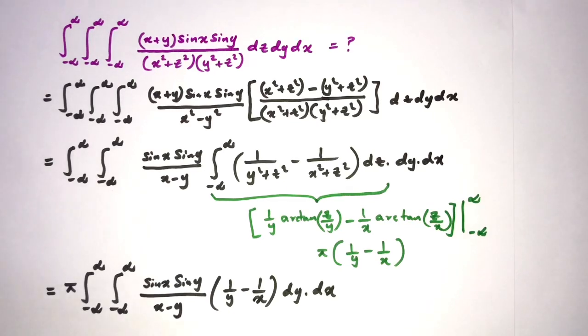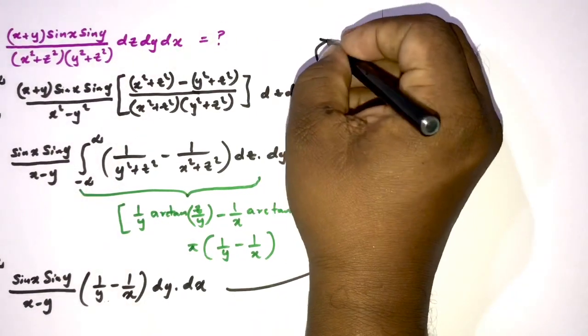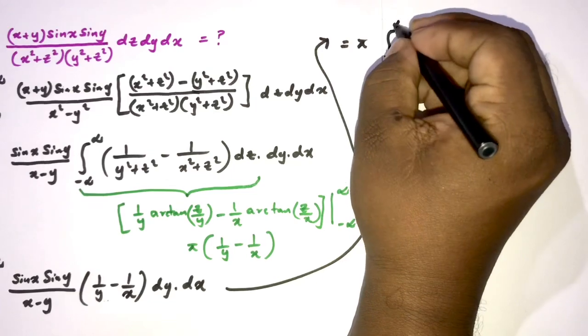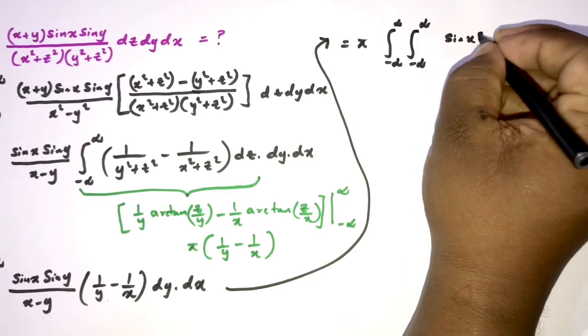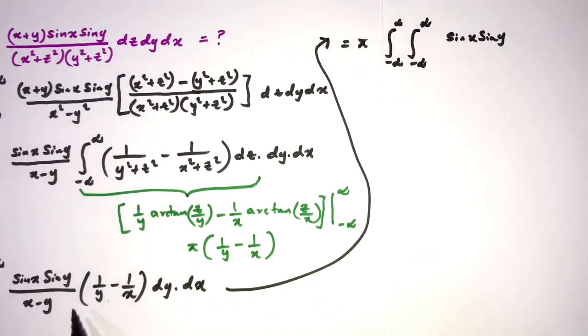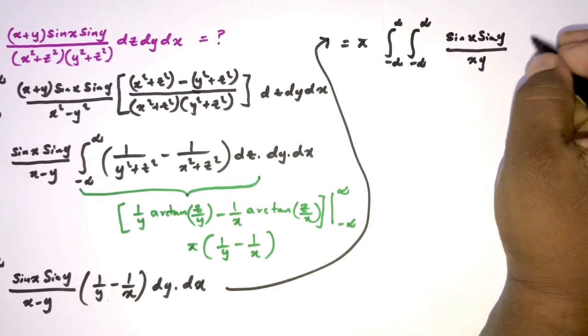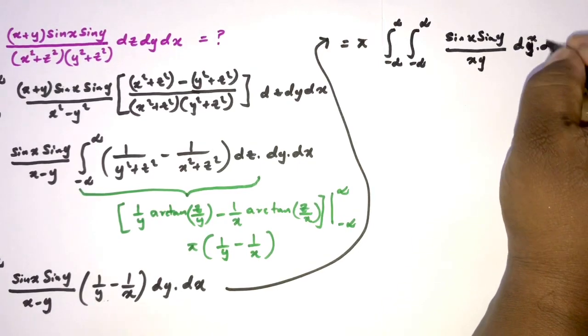Okay, then if we simplify this, common denominator is xy, and in the numerator we have x minus y, so x minus y get cancelled. So we can write now this is equal to pi times integral from minus infinity to infinity, again minus infinity to infinity, sine of x sine of y over only xy in the denominator, dx dy.